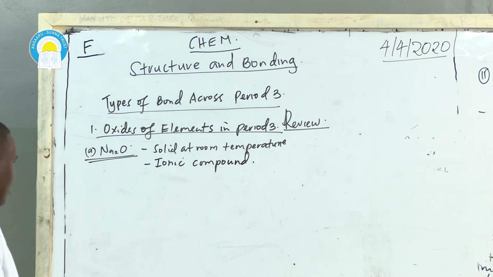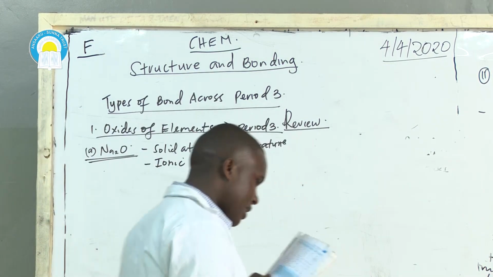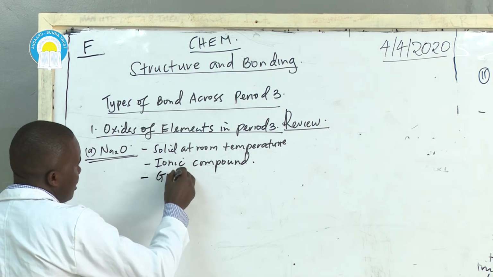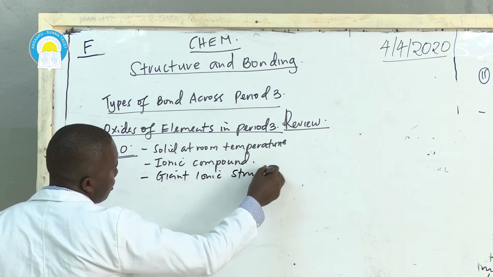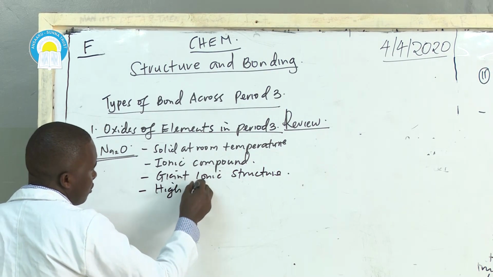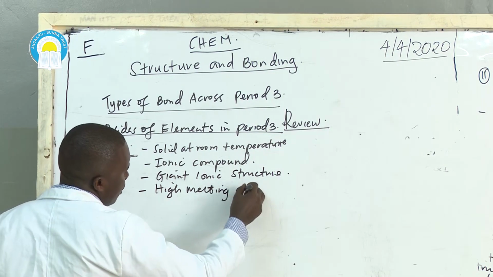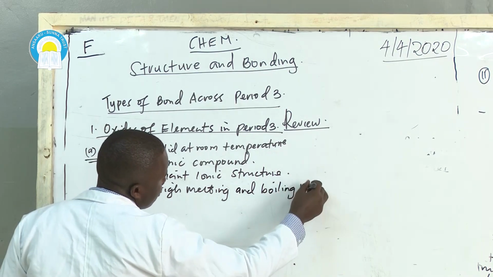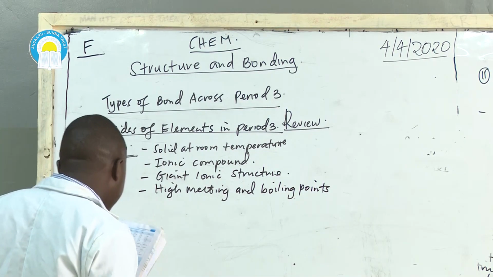This is an ionic compound, and I remember we did this one during that first class. So the structure here is a giant ionic structure, with high melting and boiling points.